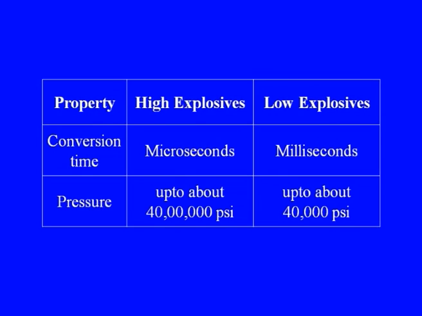As far as the pressure developed is concerned, in case of high explosives up to 40 lakh pounds per square inch can be obtained, whereas in case of low explosives, pressures up to 40,000 pounds per square inch can be obtained, which is much lower than that of high explosives.